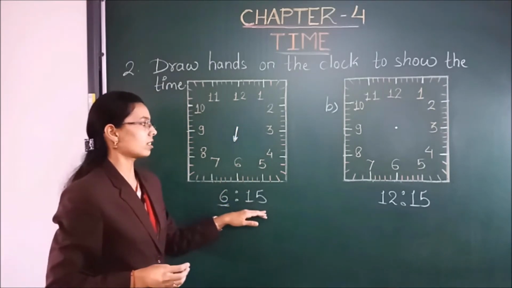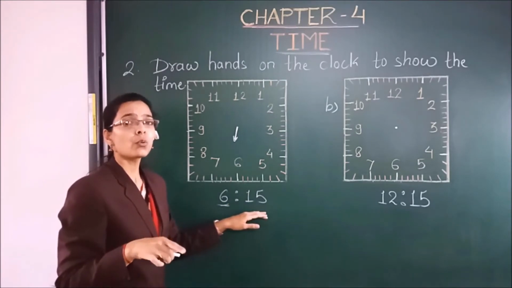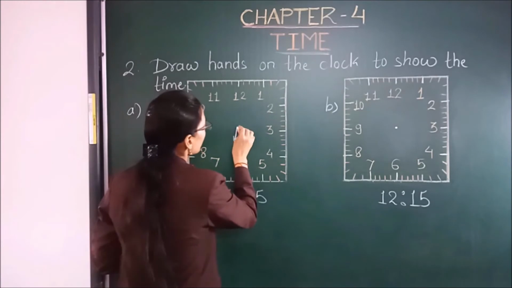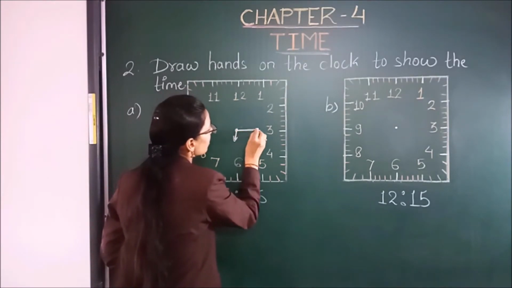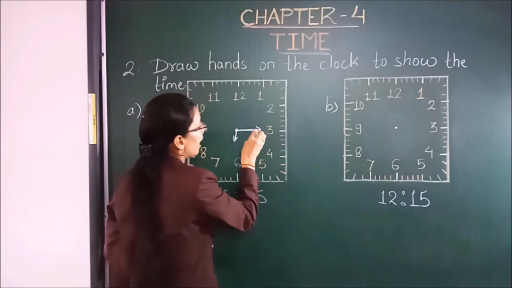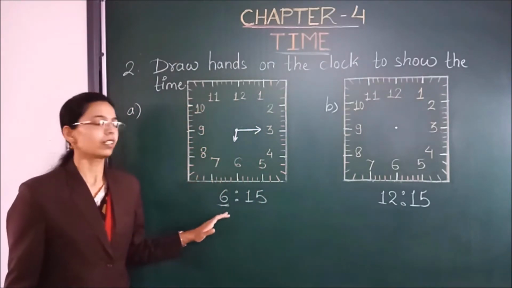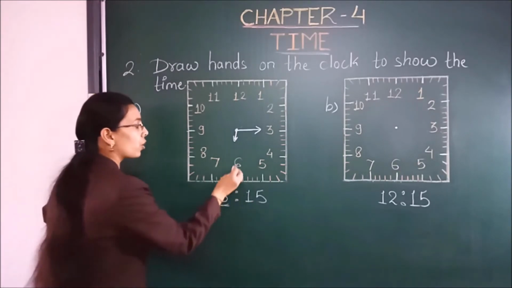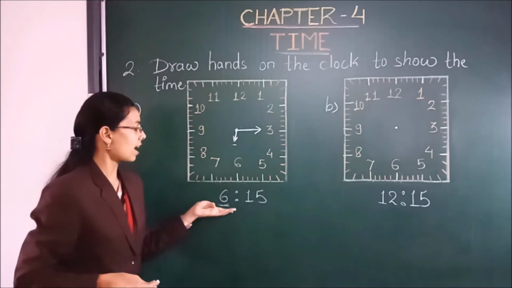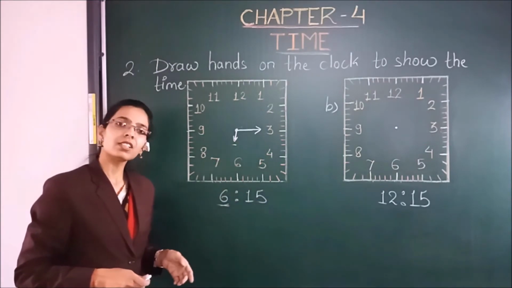And 15 minutes: where is 15 minutes? 3 5s are 15. So our minute hand should be at 3. This is our time, 6:15. Here the hour hand has crossed 6 and 15 minutes is at 3.